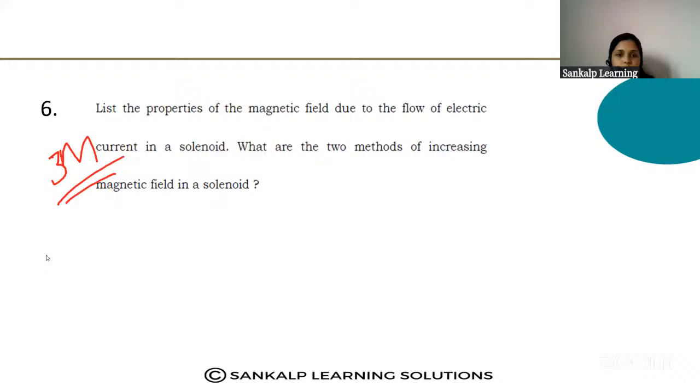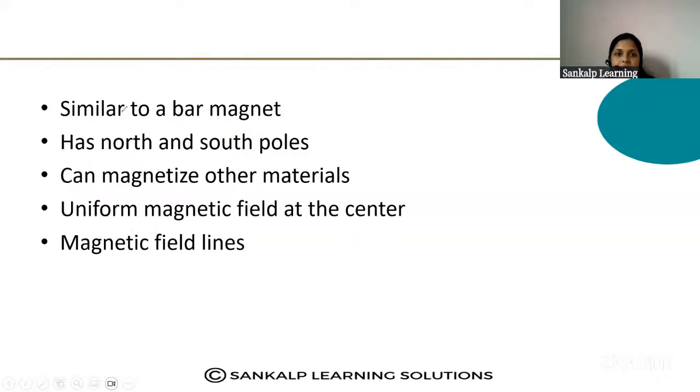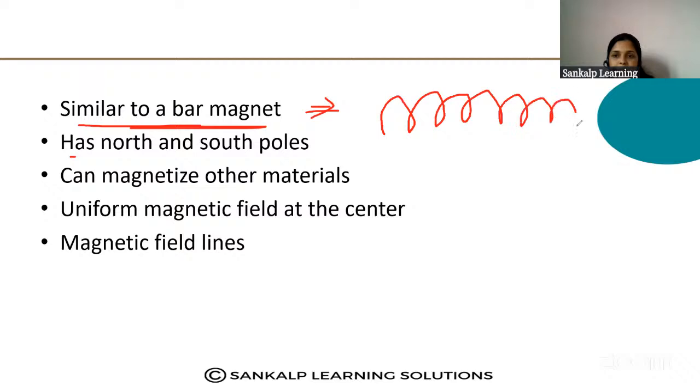Very important. What are the properties of the magnetic field due to the flow of electric current here? It is similar to the bar magnet, and the solenoid looks like this. It has north and south poles.